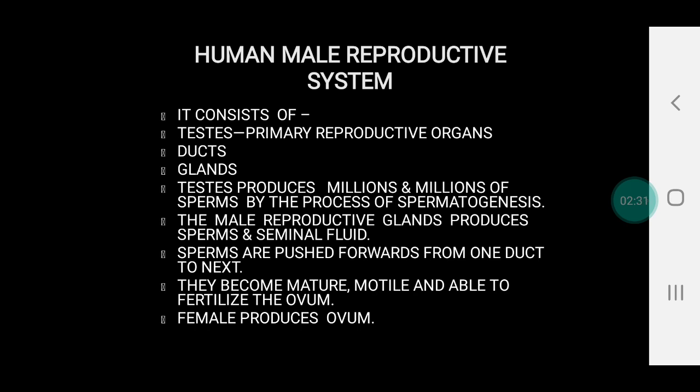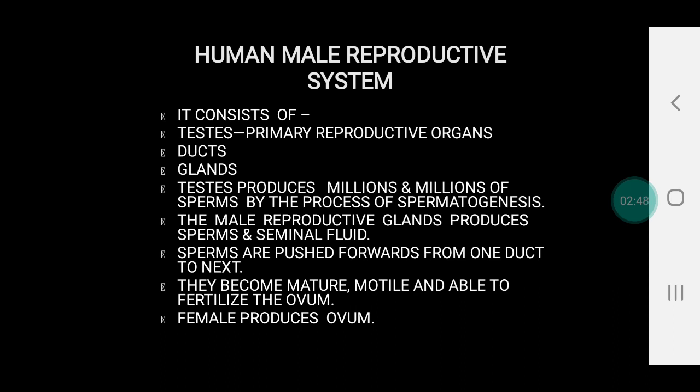Ultimately, they are released through the urinogenital duct or tract. As the sperms are pushed forward from one duct to the next, they become mature, motile, and able to fertilize the ovum.